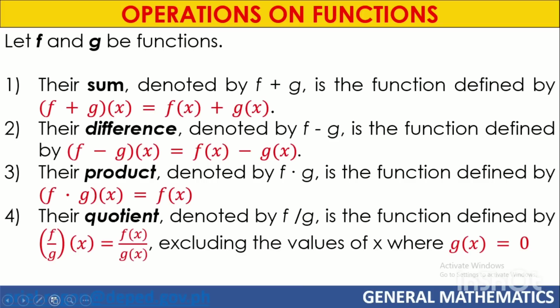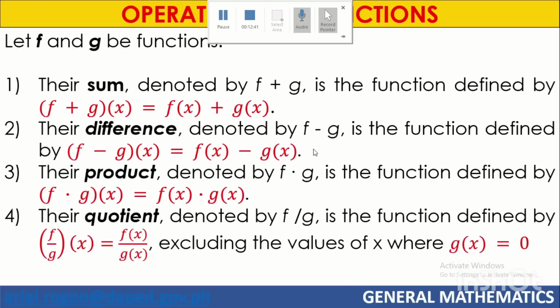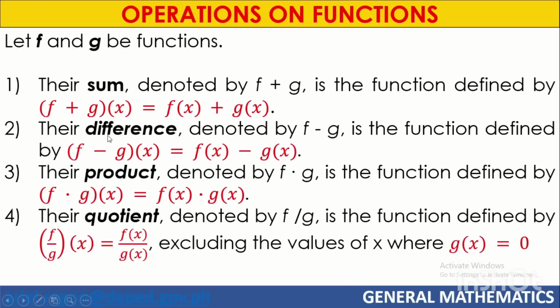Next, their quotient, denoted by f over g, is the function defined by f over g of x is equal to f of x over g of x, excluding the values of x where g of x is equal to 0. Again, so this is now the four fundamental operation, no? The operation on function.